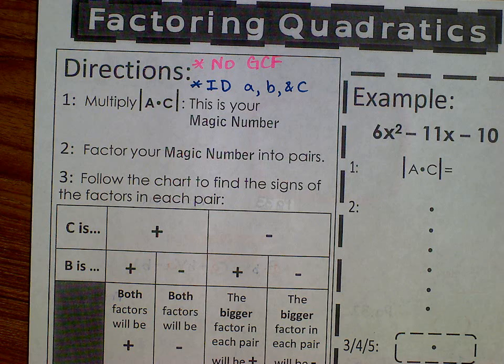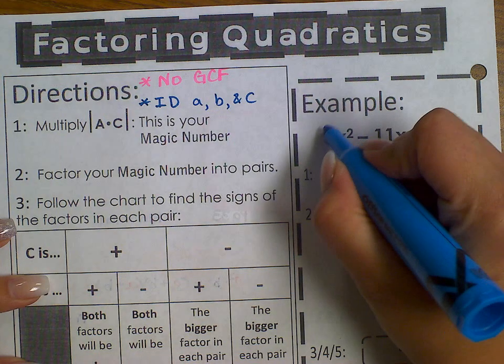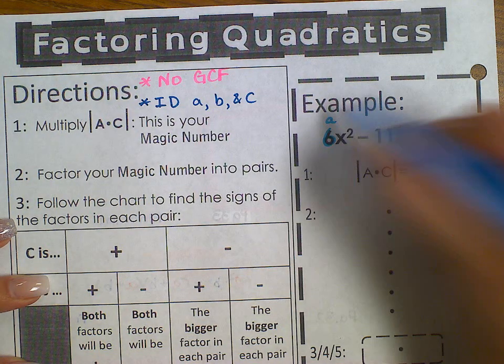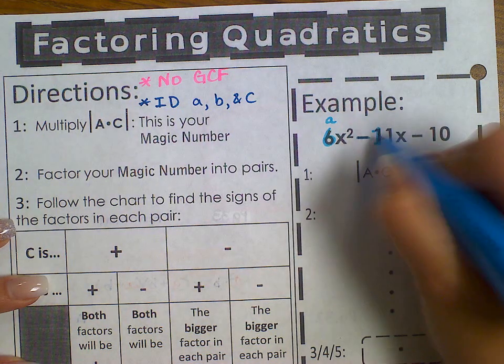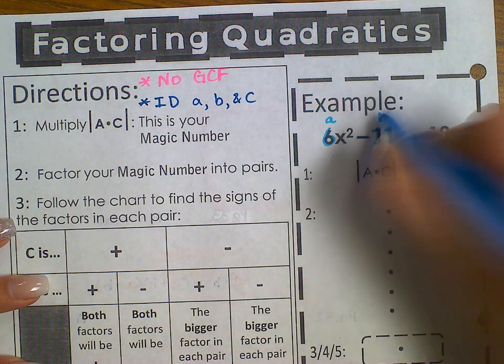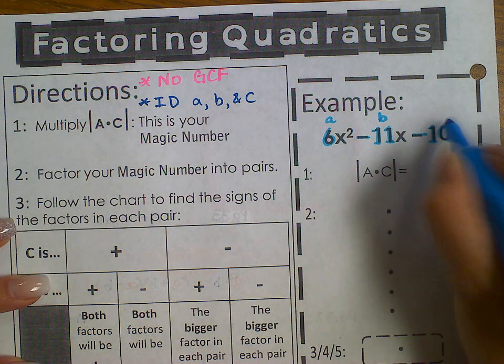What's my A? 6. What's my B? -11. What's my C? -10.